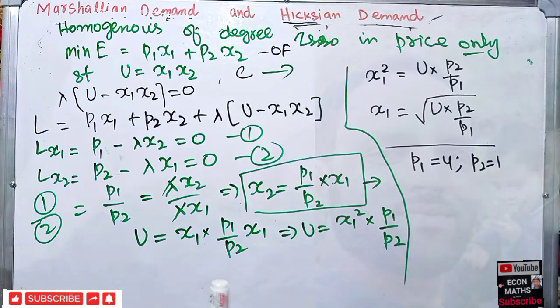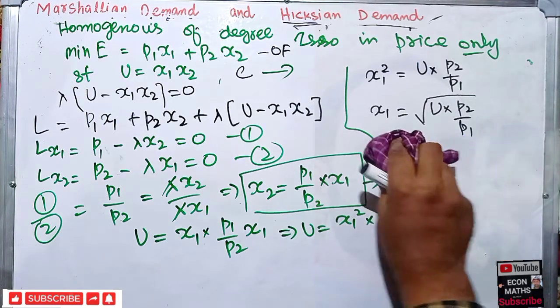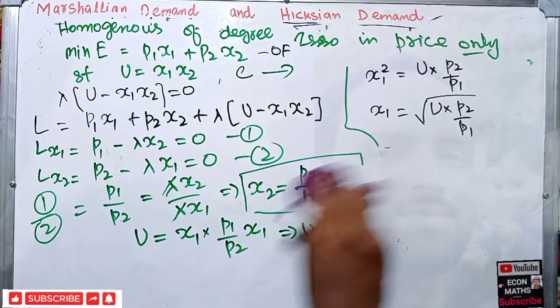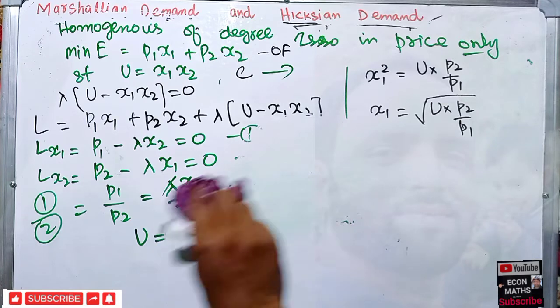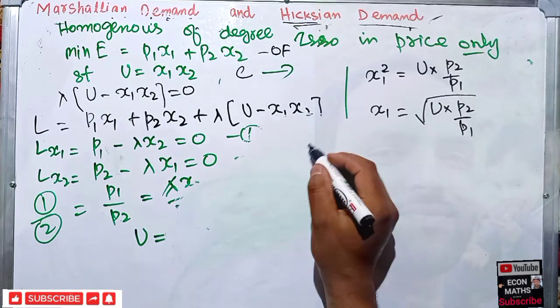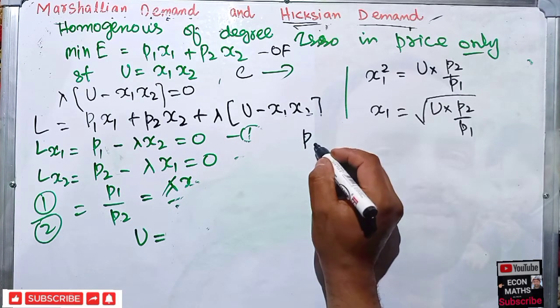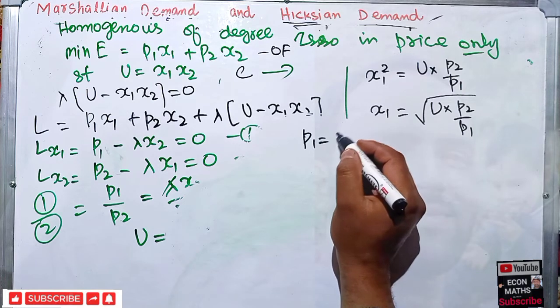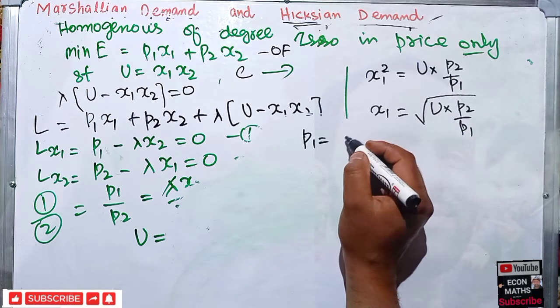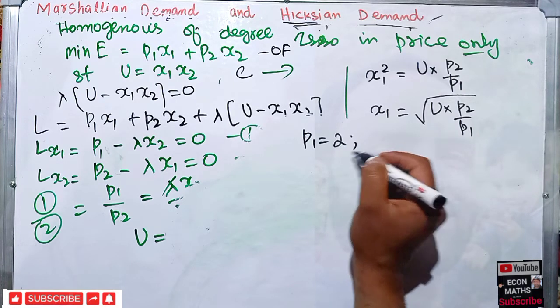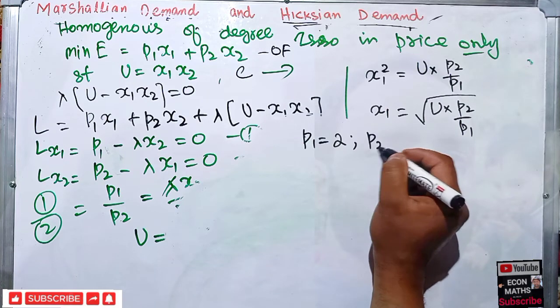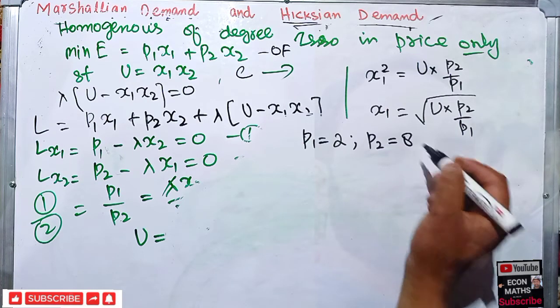Sorry, let us make it clear here, so I will rub this. Let us say price of x1 is 2, price of good 2 is 8.